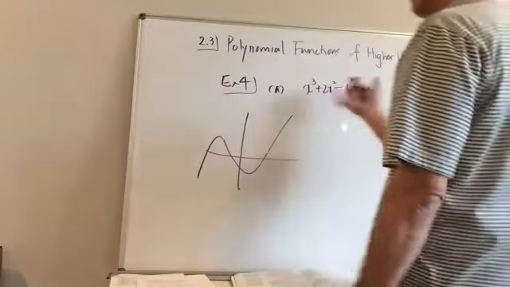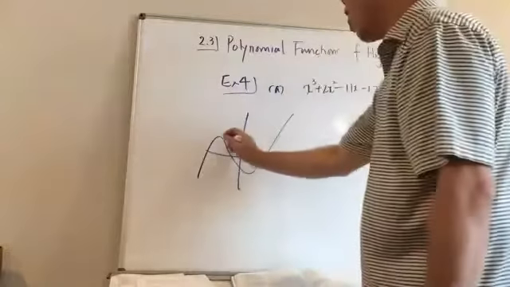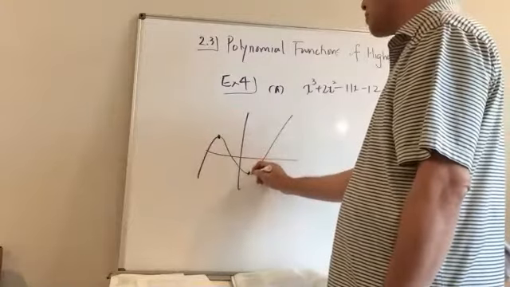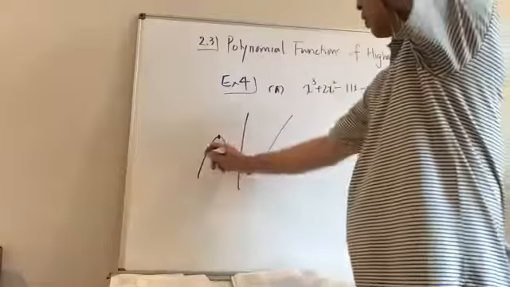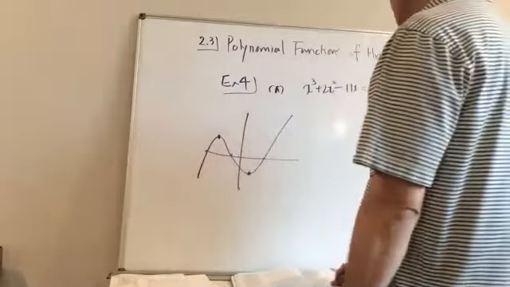You're going to have a local max here and a local min. These are both local extrema. And then I have 3 zeros.